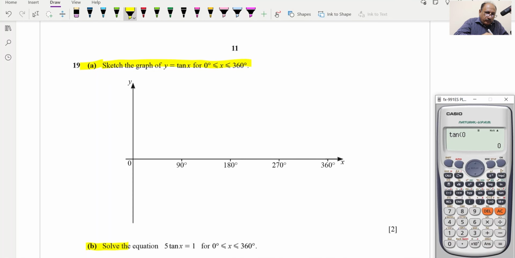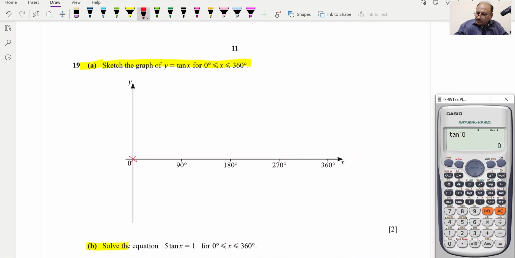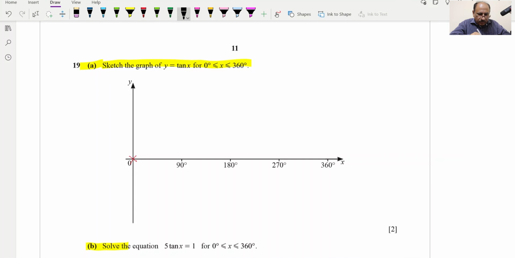So 1 point will be this one, and tan 90 is what? Tan of 90 is a syntax error, so it means it's never touching this line. If I draw 90 degree for your explanation, I'm just drawing this line.